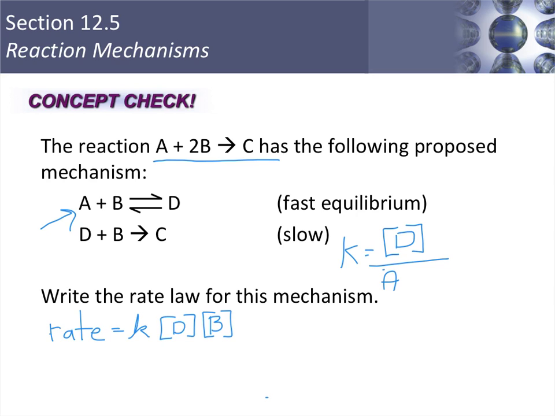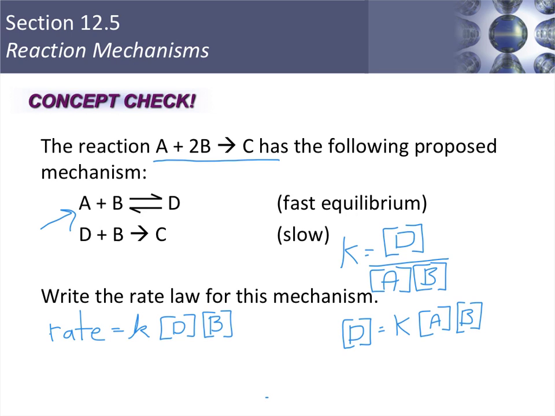So the reactants are A and B. Now, we see that we could rearrange this. So we could see that D, so the concentration of D, is equal to K, the equilibrium constant, times the concentration of A times the concentration of B.